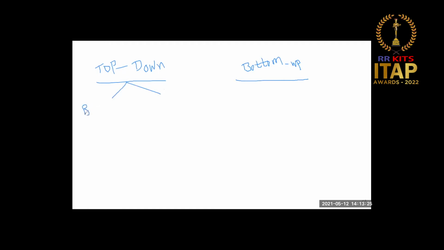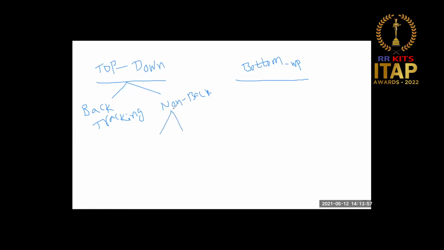First we will go with backtracking, and another one is non-backtracking. So top-down parsing is classified into 2 categories: one is backtracking and the second one is non-backtracking.